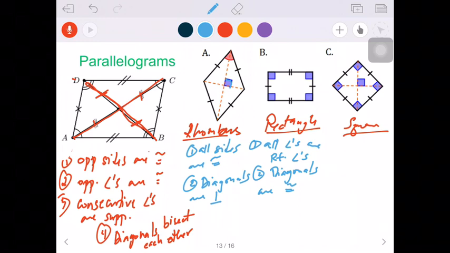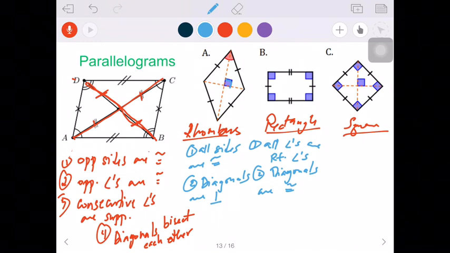Now, is it possible for a rectangle to have diagonals perpendicular just like a rhombus? The answer is no. Is it possible for a rectangle to have all of its sides congruent? The answer is no, because that is only for rhombus. But there is a quadrilateral that would take all of these properties, and we have the square.